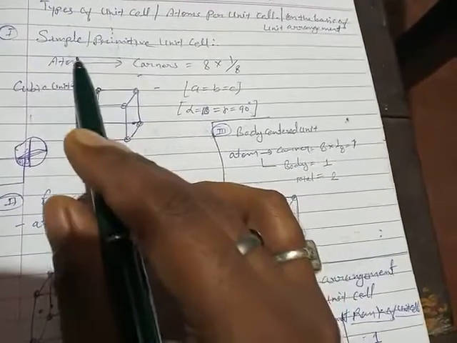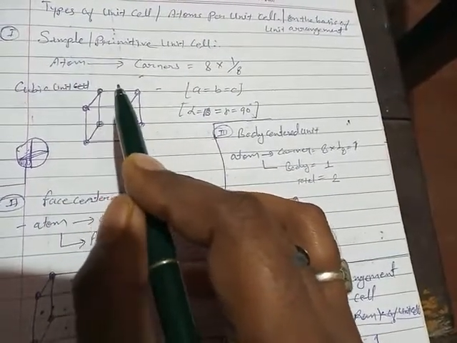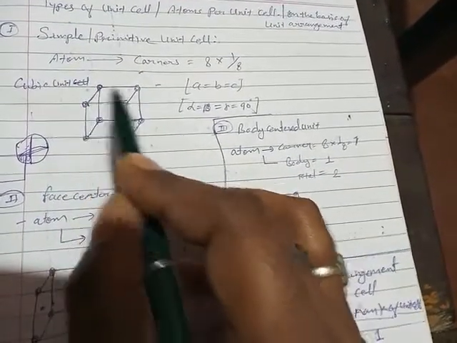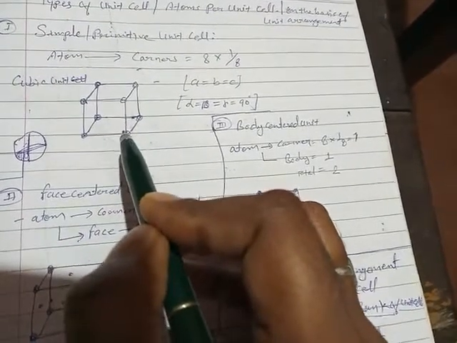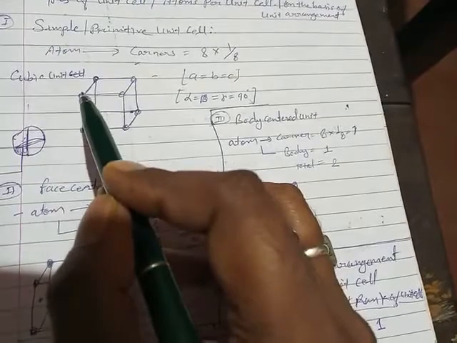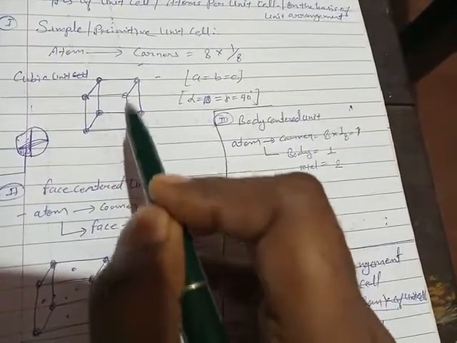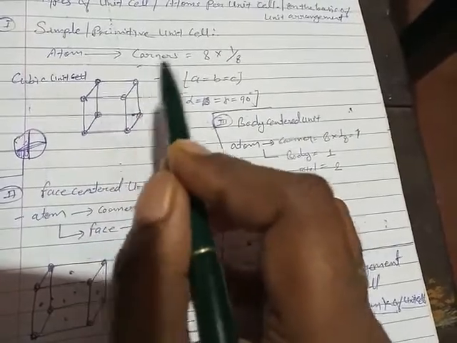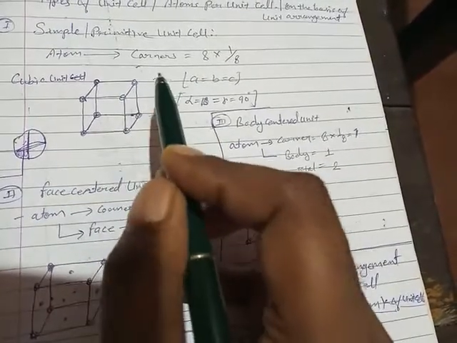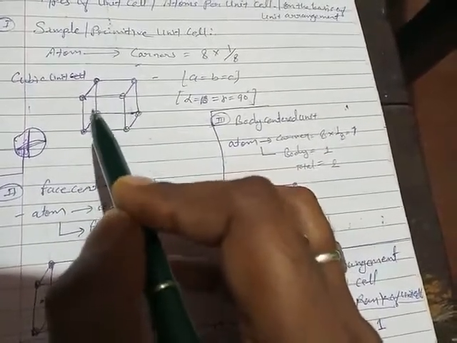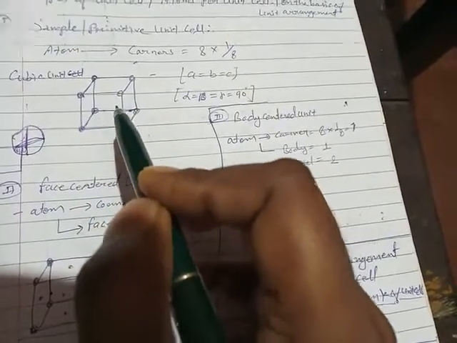If we see in this, atoms are situated at each corner, so we can say there are 8 corners. If you see 1 2 3 4, same as 1 2 3 4, so 4 and 4 make 8, so 8 corners are there. In this way, these are called the 8 corners of the simple primitive unit cell.